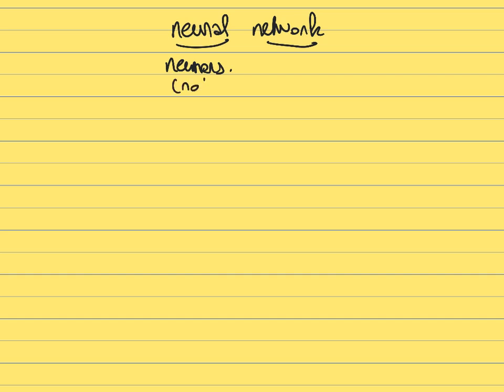In this case, the nodes are the neurons. And then you have some connections between those nodes. So just like a mechanical truss, a structural truss, where you have some nodes that are connected by some joints, this forms a network. You have some nodes that are connected to each other by some constraints or some connections. This is a network.